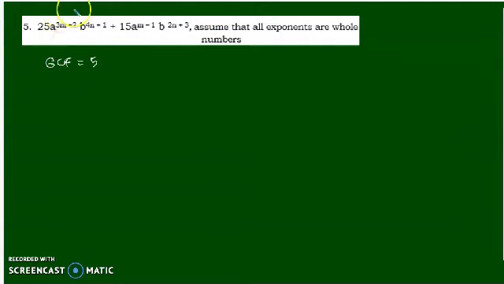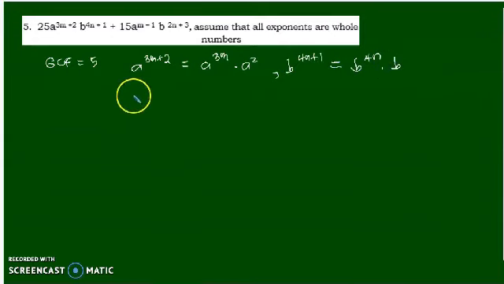And then what about the literal coefficients? So again, a raised to the power of 3m plus 2 can be expressed as a raised to the power of 3m times a raised to the second power. And b raised to the power of 4n plus 1 can be expressed as b raised to the power of 4n times b raised to the first power.